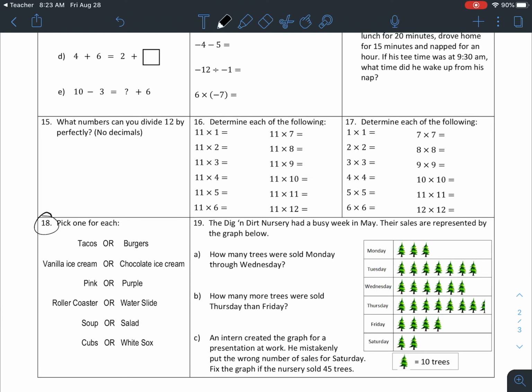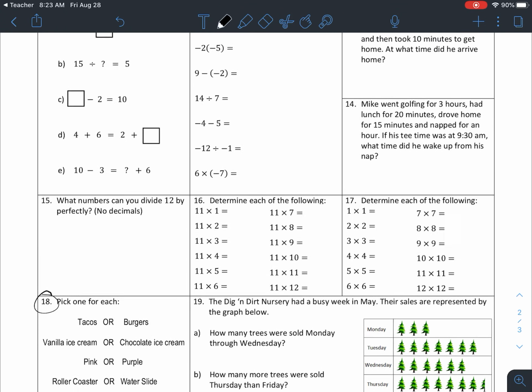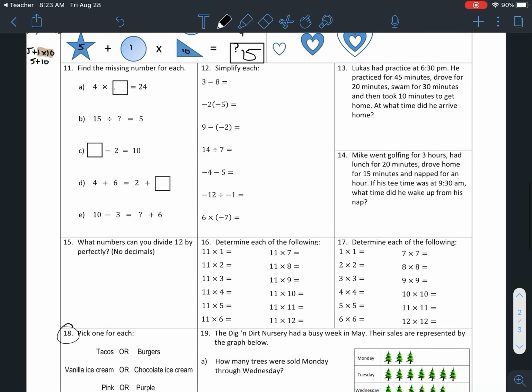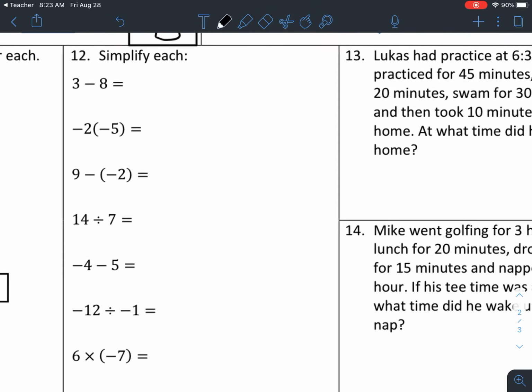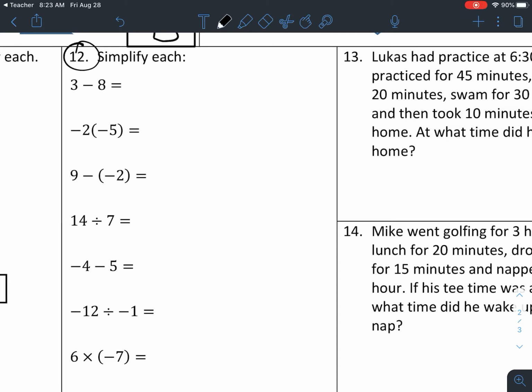Just kind of interested. And lastly, let me just double check your formative real quick to see if they ask any of these, because I want to make sure you're prepared for it. Let's do a couple of these simplified ones right here in number 12. And then we'll be done for the day and you guys can do your formative.